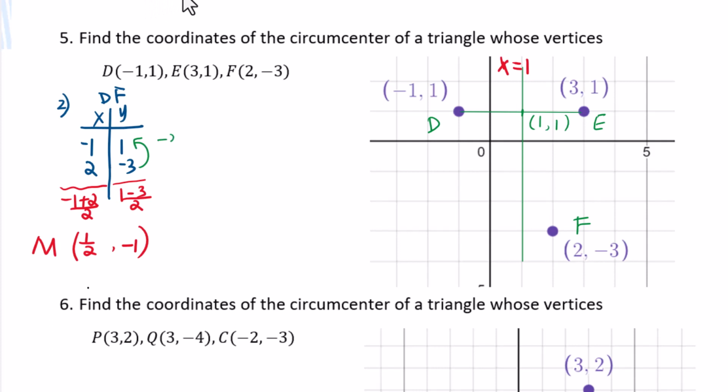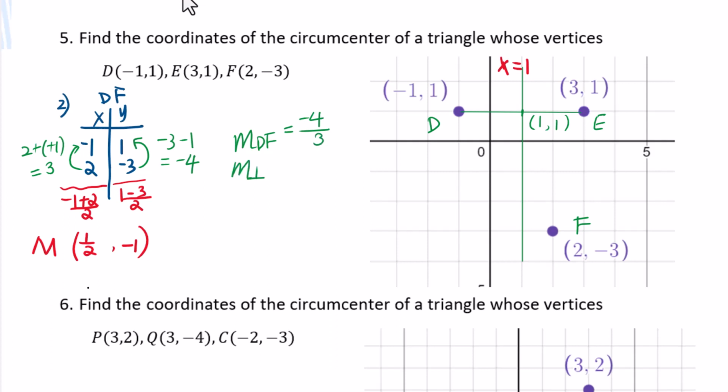Negative 3 minus 1 equals -4. 2 minus -1 equals 3. So the slope of the segment DF equals -4 over 3.